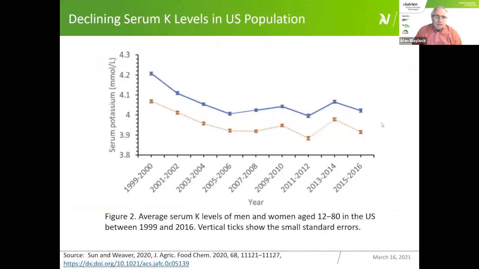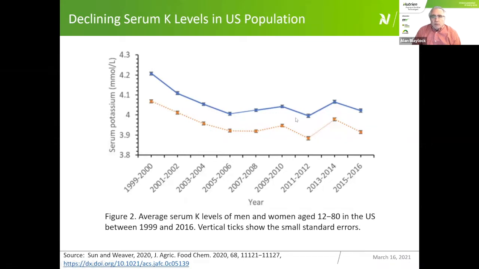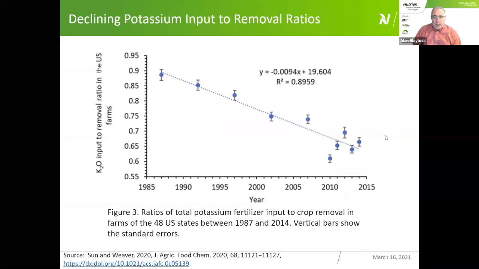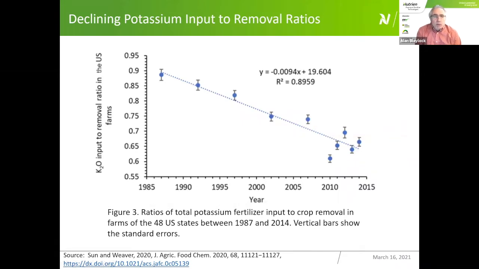Here's a couple of graphs from that study. Here are the serum potassium levels in US adults. You can see from 1999 to 2015-16, it has declined, although it appears to have stabilized somewhat over the last decade or so. And then here they've plotted the potassium input to removal ratio.